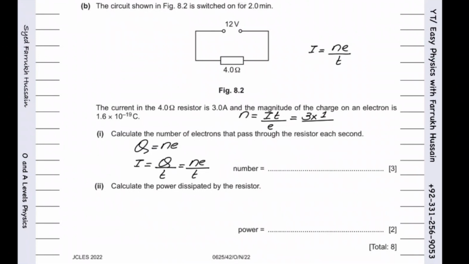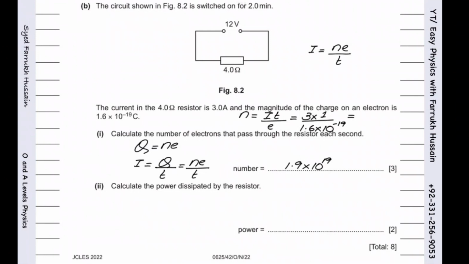So you have like time is 1. And then the value of E is 1.6 times 10 to the power of negative 19. So that is 3 times 120 divided by 1.6.